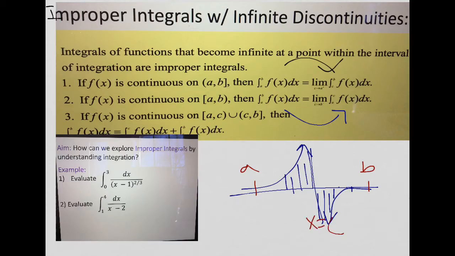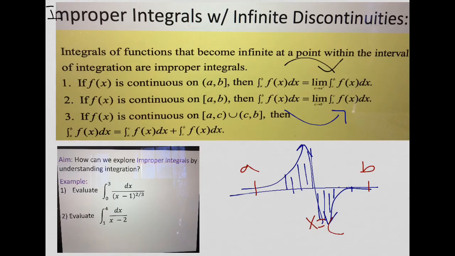Then what we need to do is split up our integral. The integral of f of x with respect to x from a to b is now two integrals. First, the integral of f of x from a to c, and then we add it with our second integral, which is the integral of f of x from c to b, which makes sense if you take a look at my quick diagram.